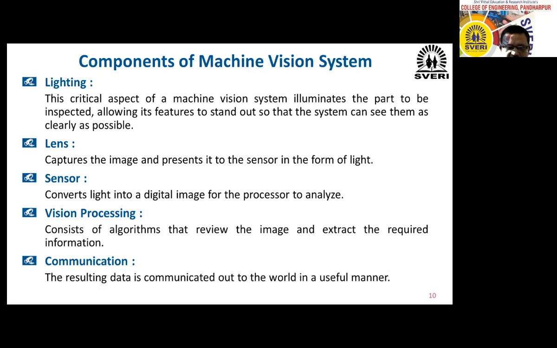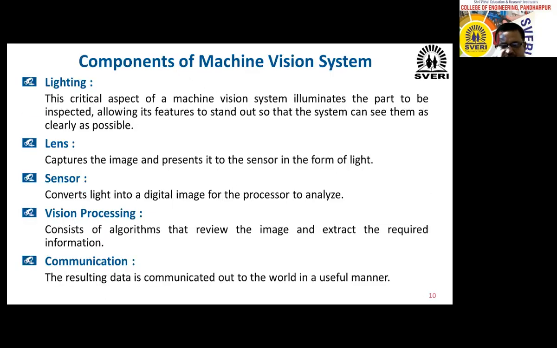Sensor converts light into a digital image for the processor to analyze. Vision processing consists of algorithms that review the image and extract the required information. Communication: the resulting data is communicated out to the world in a useful manner.